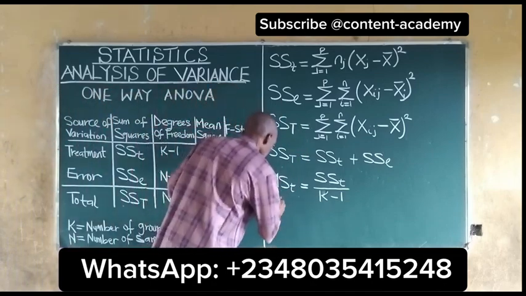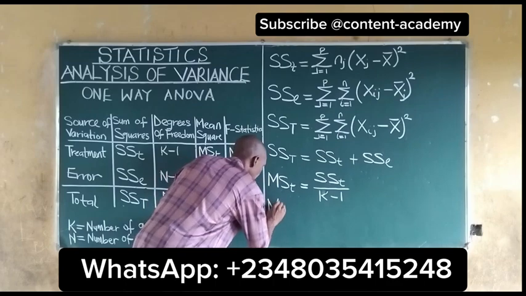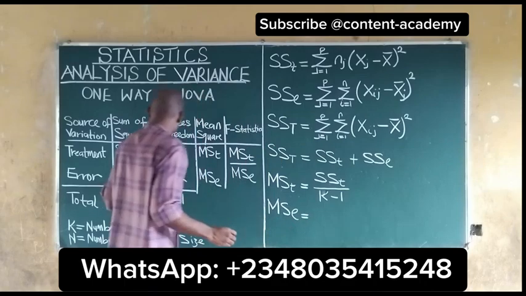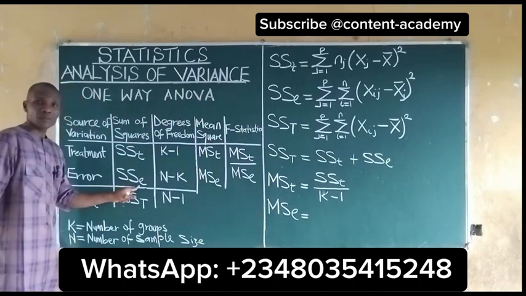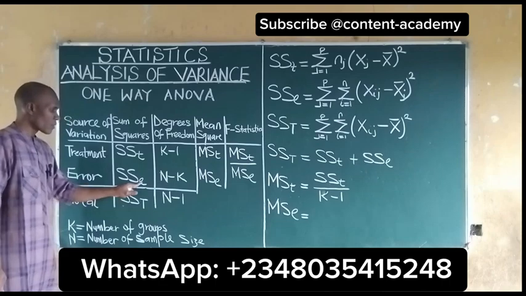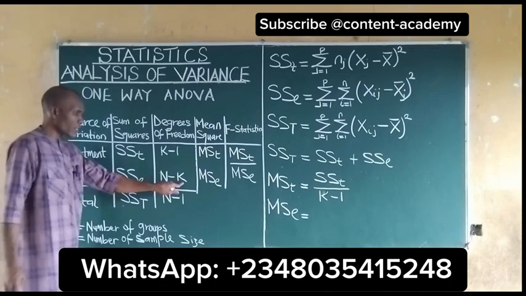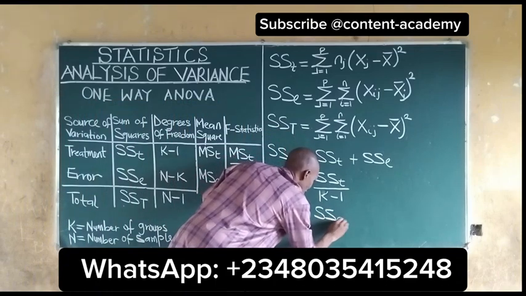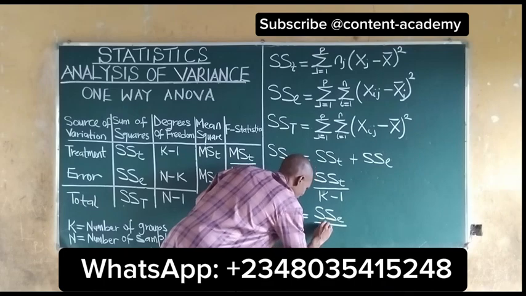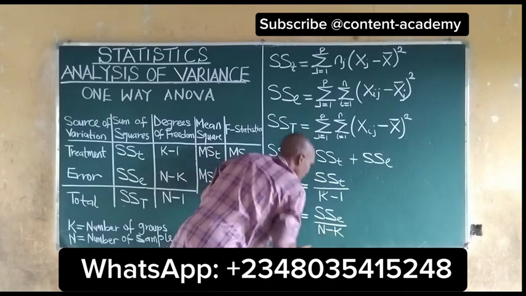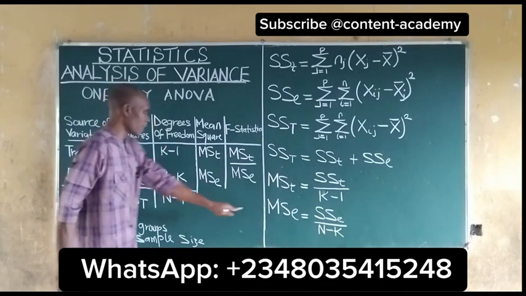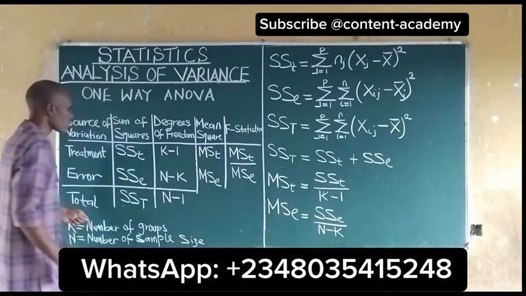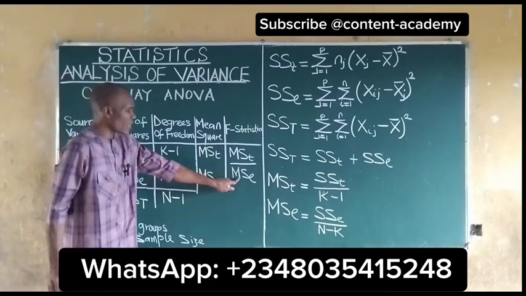Also, the mean square error is calculated as the sum of square error divided by n minus k. So we have the sum of square error all over n minus k. That is how we can get the mean square error. Now, the next thing is the F statistics.